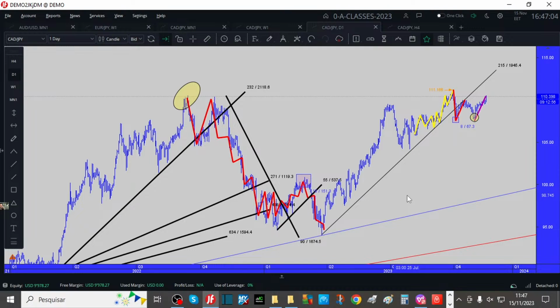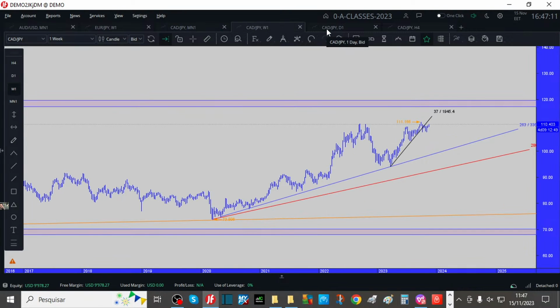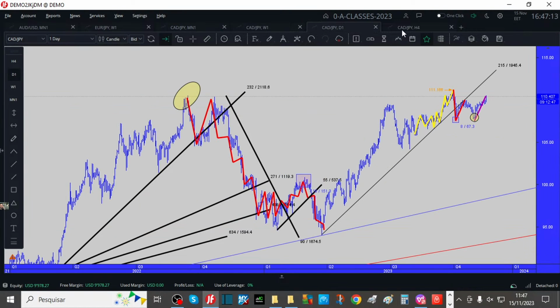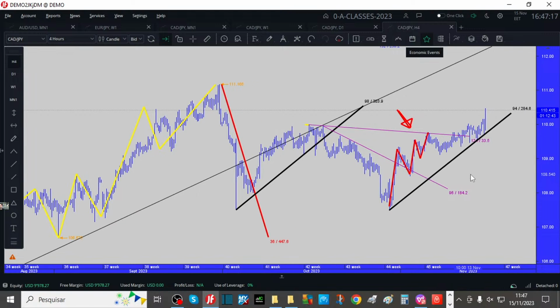See everybody? And in comparison between the monthly and the weekly and the daily, when you go to the 4 hour chart and try to micromanage, it gets even more difficult. Make sense?